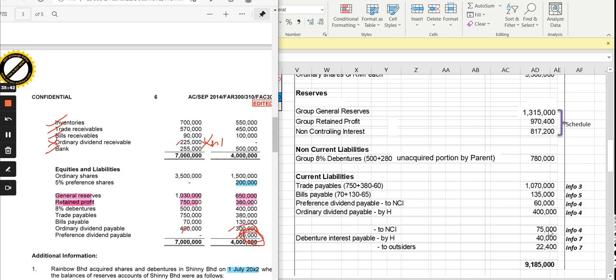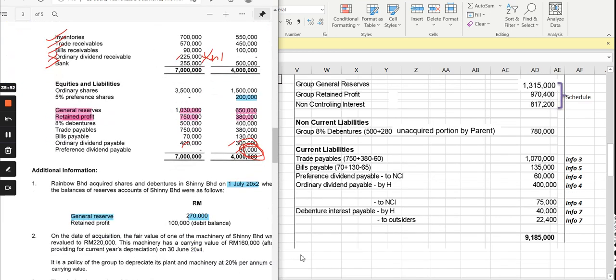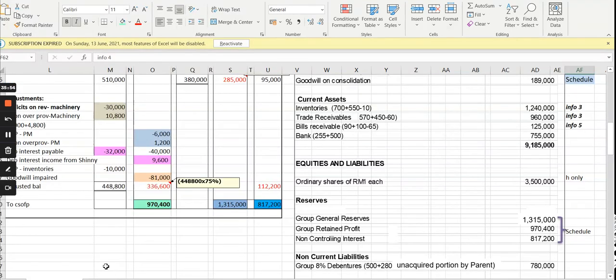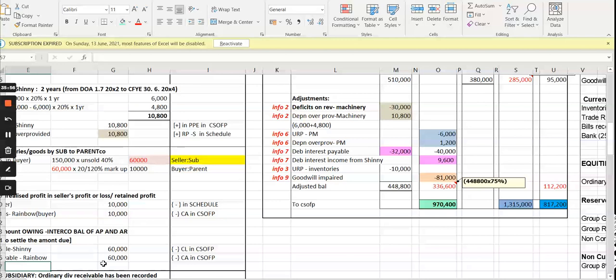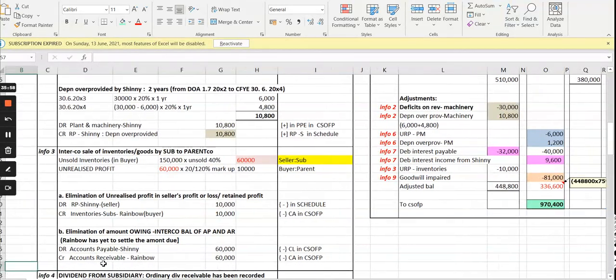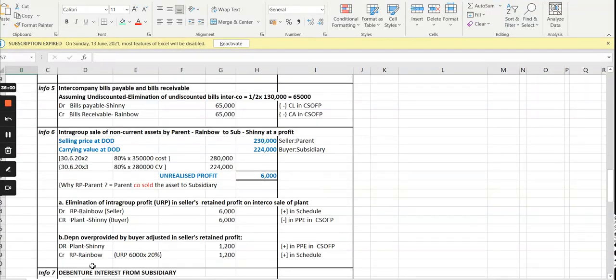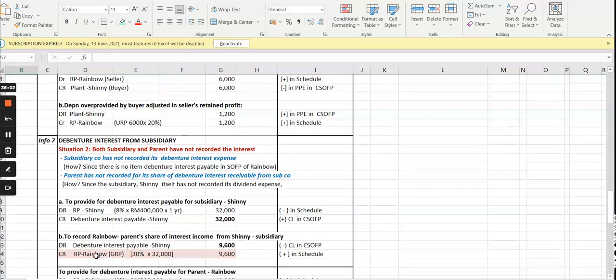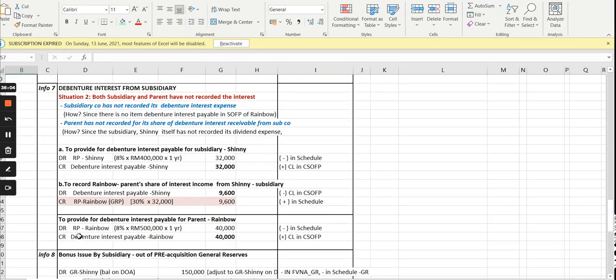So you will have 75,000. Debenture interest payable by H, this is information that are given in number 7. So you have to check that information again, perhaps it's here. That we have already done that adjustment much earlier. Okay, so this is the one of the parent.